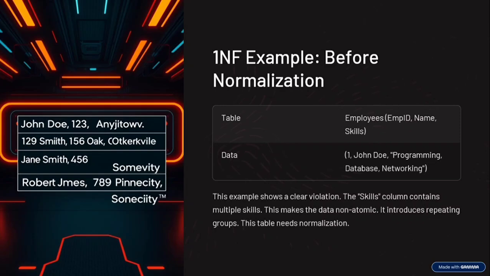So what we can do is separate these into separate columns and write these skills separately, because this makes the data non-atomic and introduces repeating groups. This table needs normalization. The skills column contains multiple values.